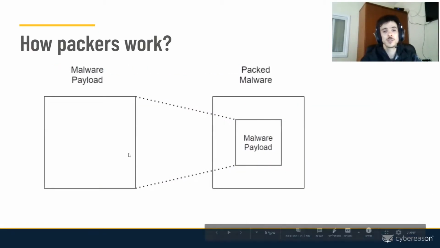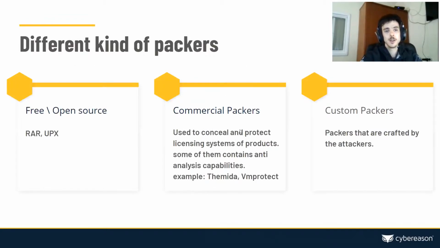This is just an image for demonstration. We can see the malware payload or the original executable, and after the packer work, it's being packed by the packer. So there are several different kinds of packers. Some of them are free or open source, such as RAR or UPX.